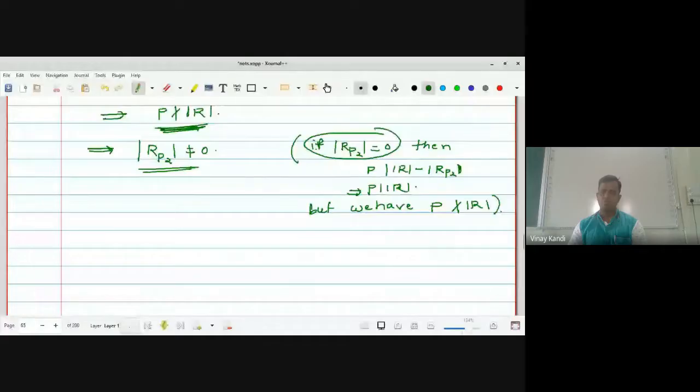Hence order of R^p2 is not equal to 0. Understand?